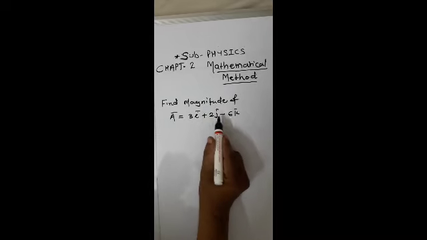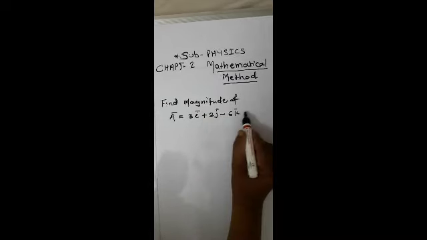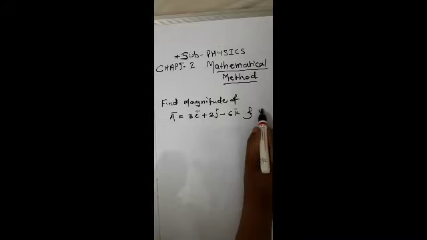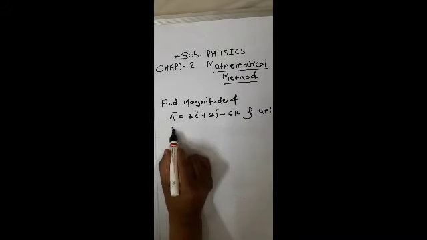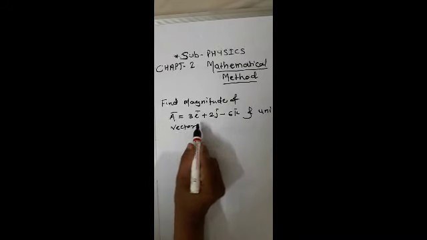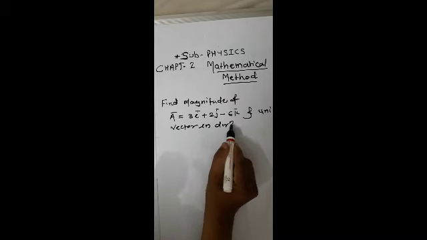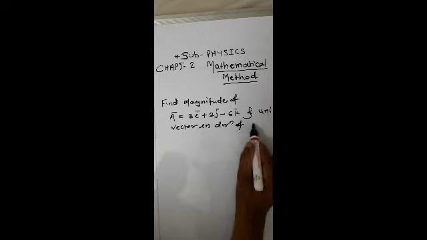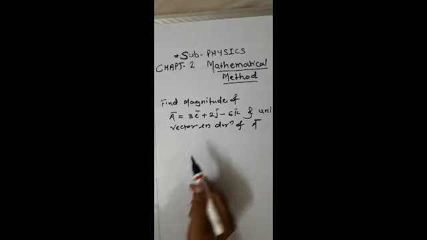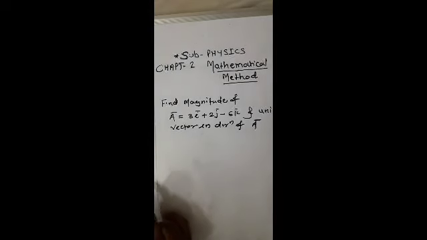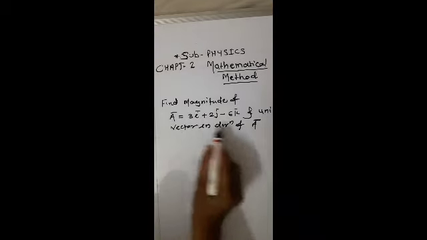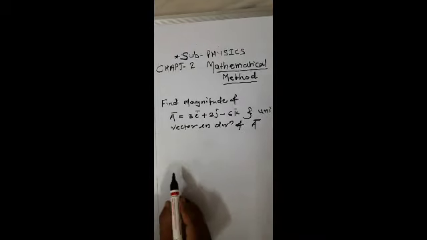Here the bar is essential. And find the unit vector in the direction of the vector a bar. Just like this, the question will be asked: find the magnitude of a bar and also find the unit vector. How can it be found?